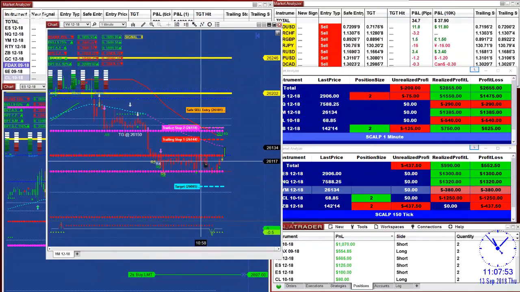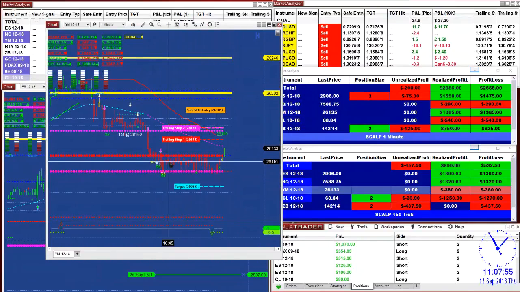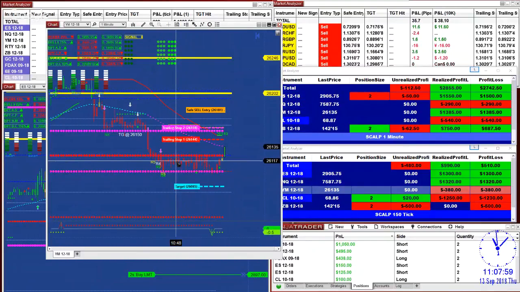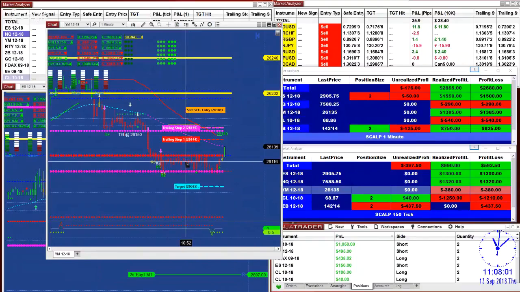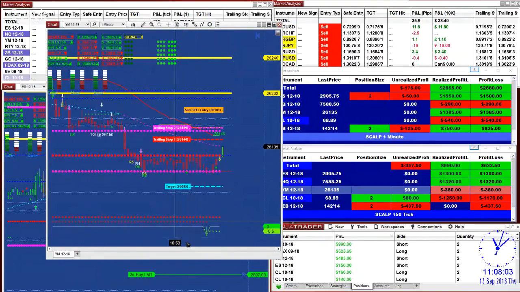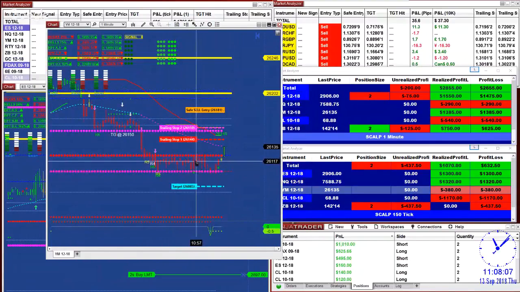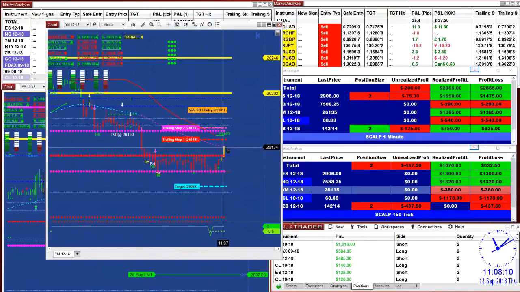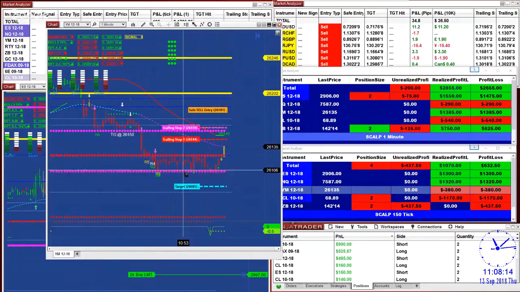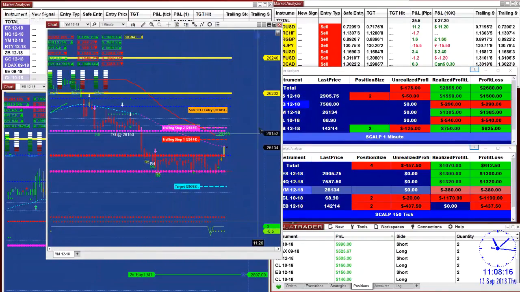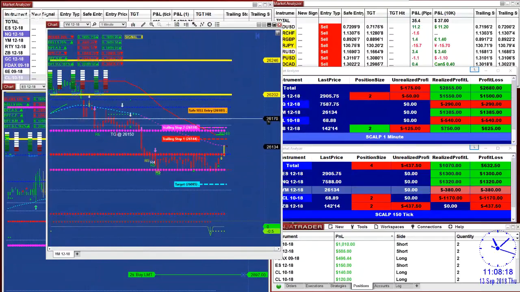So when you see this market getting stuck, do not auto trade. Do not do anything. Go have a coffee, piss off your wife, piss off your children, wash your car, but don't go head to head with the market. Once you see the market start breaking out from this box here, then it is time to turn on your auto trade or whatever you want to do.